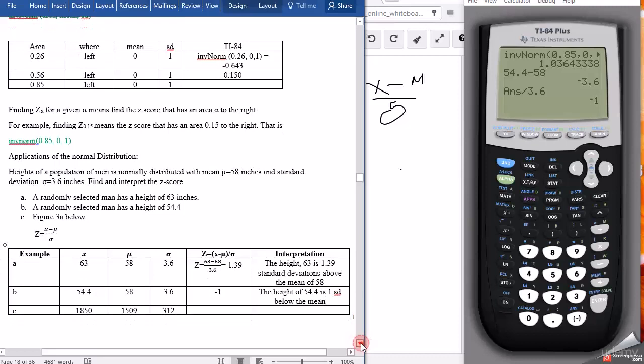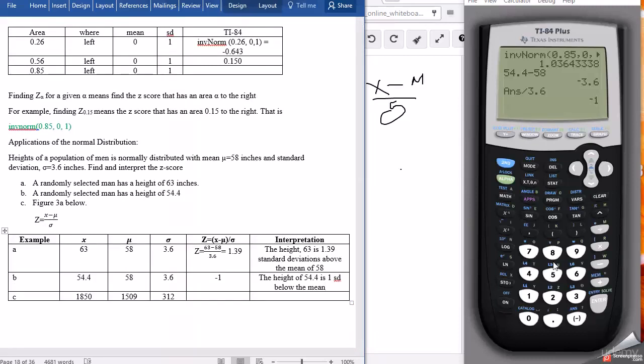Okay, the same thing is going to happen for C. Let me use parentheses this time. I'm going to have 1850 minus 1509, divided by 312. Oh, I didn't close the parentheses.